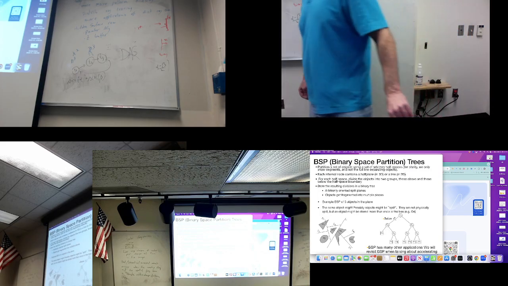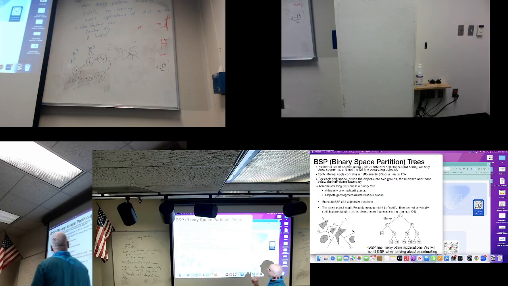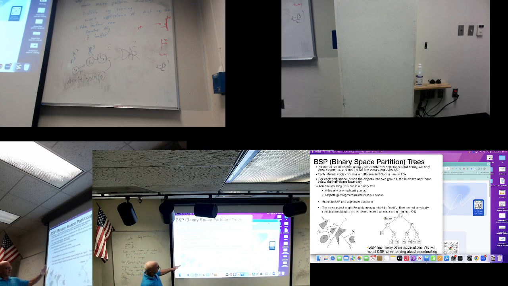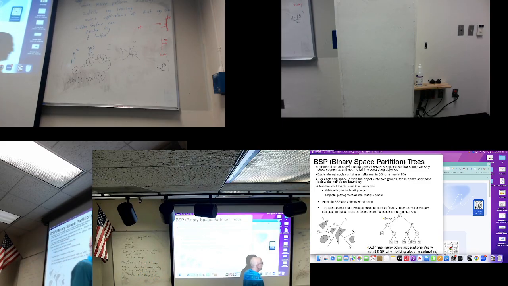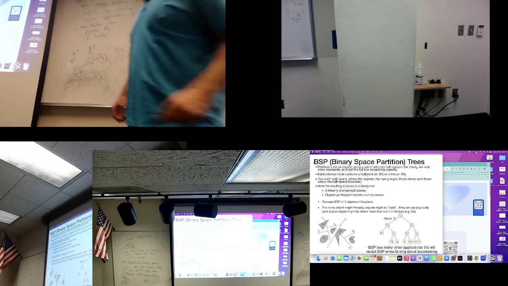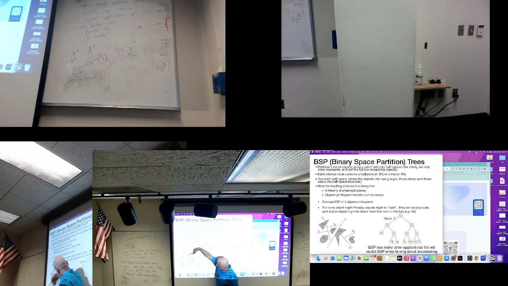Binary space partition, big topic. So, binary space partition is a tree where I have a set of objects. Since my slides are two-dimensional, I'll assume that the objects in the example are in 2D. Of course, you use BSP when your objects are in 3D. And now I look at the set of objects and ask, can I find a line L1 that splits my objects?